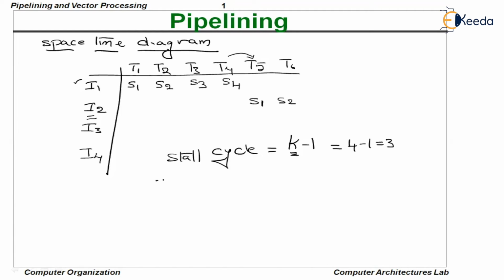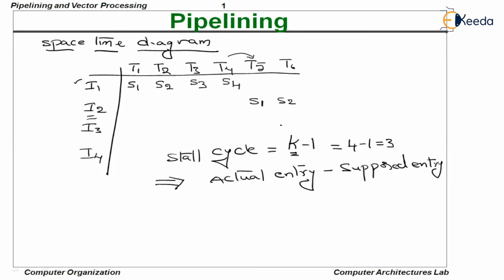A more simplified formula is actual entry minus supposed entry for stall cycle. What is actual entry? Actual entry for I2 is in the fifth clock cycle, right?